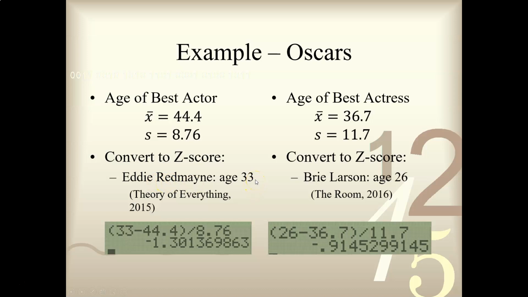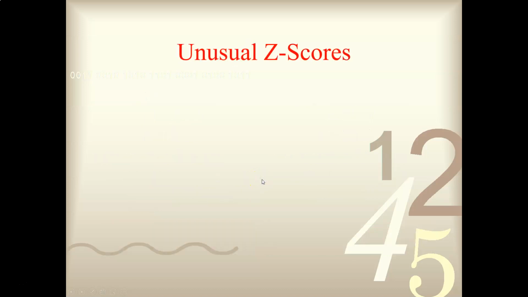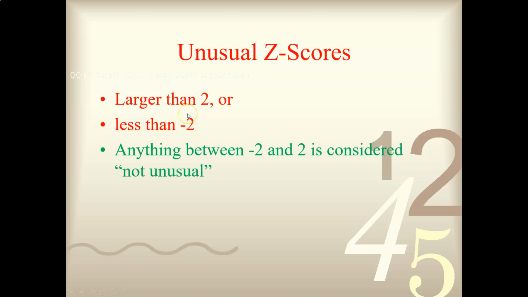Okay, and we can actually take this a step farther, because any z-score that's larger than 2 or less than -2 is called unusual. Anything between -2 and 2 is considered not unusual.